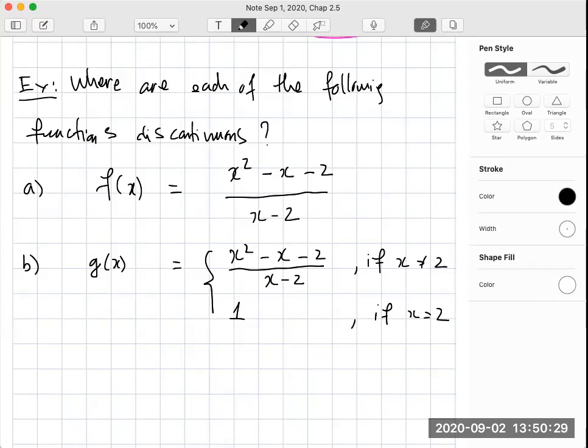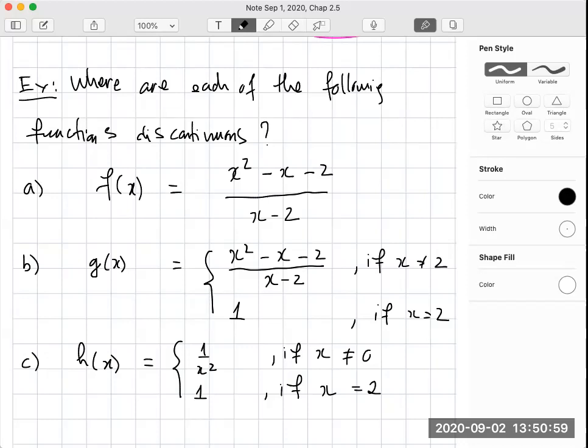The third function is 1 over x squared if x is not 0, and it is 1 if x is equal to 0 right here.